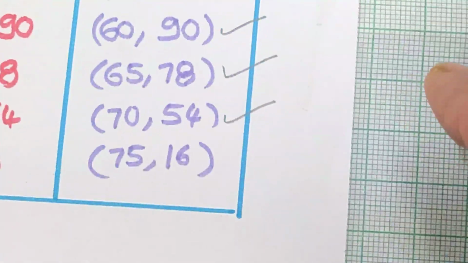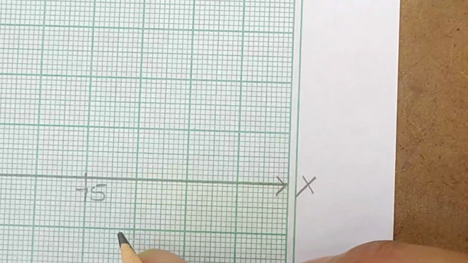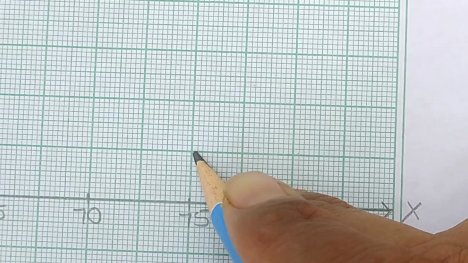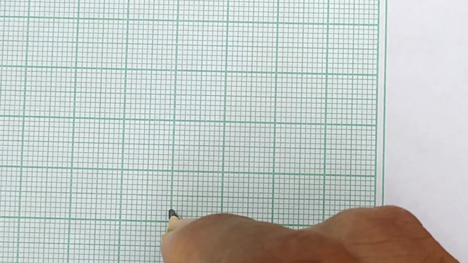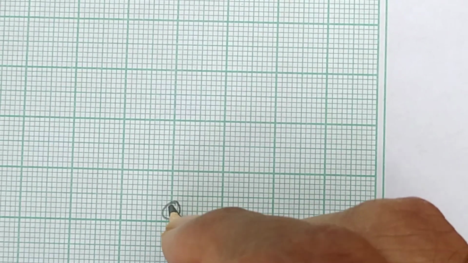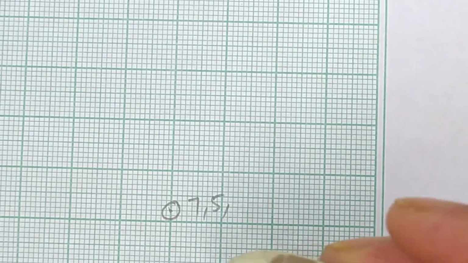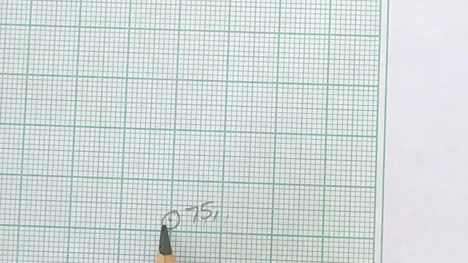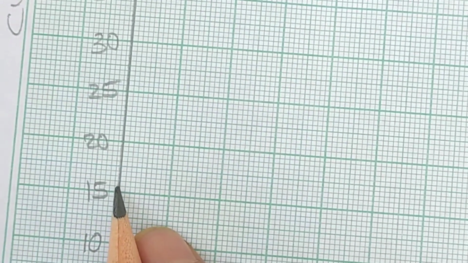Now the next point, the last point, is 75 comma 16. Here this is 75, and on the y-axis this is 5, 10, 15, and leave one line. This point, if you come here, you see this side this is 16.